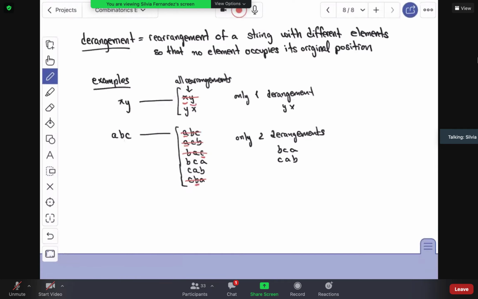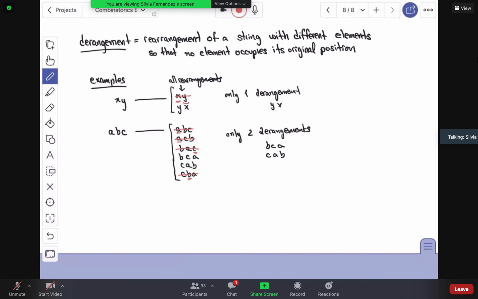Now, one more definition. It gets more complicated, right? And in fact, you are asked to find the number of derangements for very small numbers in section 8. But it gets very complicated. So I'm just going to say that D_n is the number of derangements of a string of n different elements.